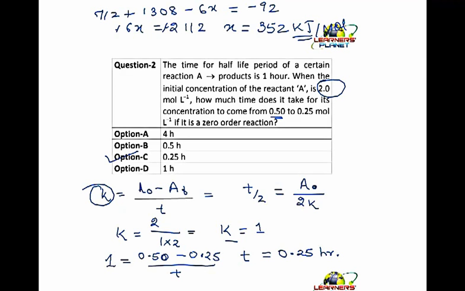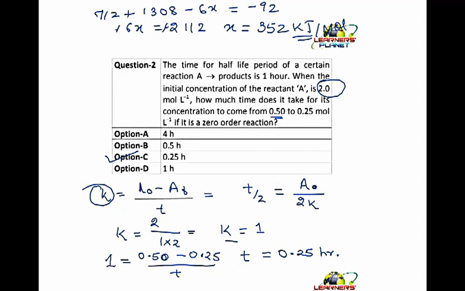Right? So this is taking 0.25 hours. You can take it that this is also a half-life, right? If you know K is 1 and the initial concentration is 0.5, then the half-life is that divided by 2. That is also the simplest way, right?